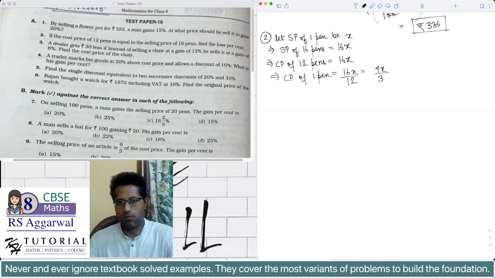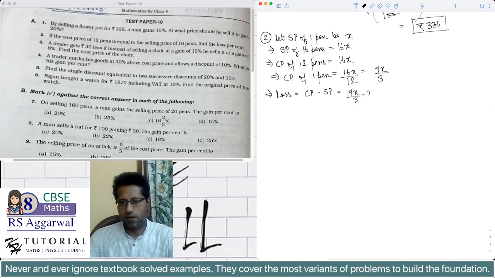We have already assumed the selling price of 1 pen to be x, and we have found the cost price of 1 pen to be 4x by 3. Now this implies a loss is equal to, when there is a loss, we know that the cost price is greater than selling price, and the loss is cost price minus selling price, which is equal to 4x by 3 minus x, which is equal to x by 3.